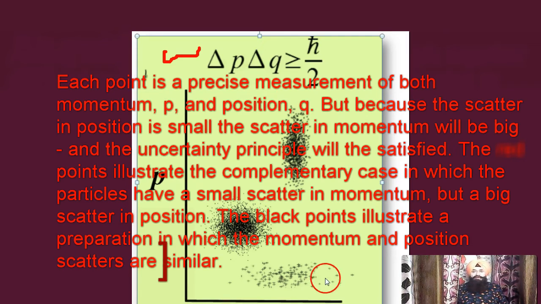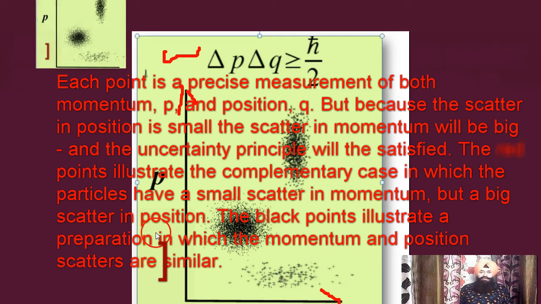This is Q. Along this side is the position, and along this side is the momentum. Now we have a particle, and a very, very precise and accurate instrument for measuring position and momentum. When we note down the position and momentum, we get dots here.